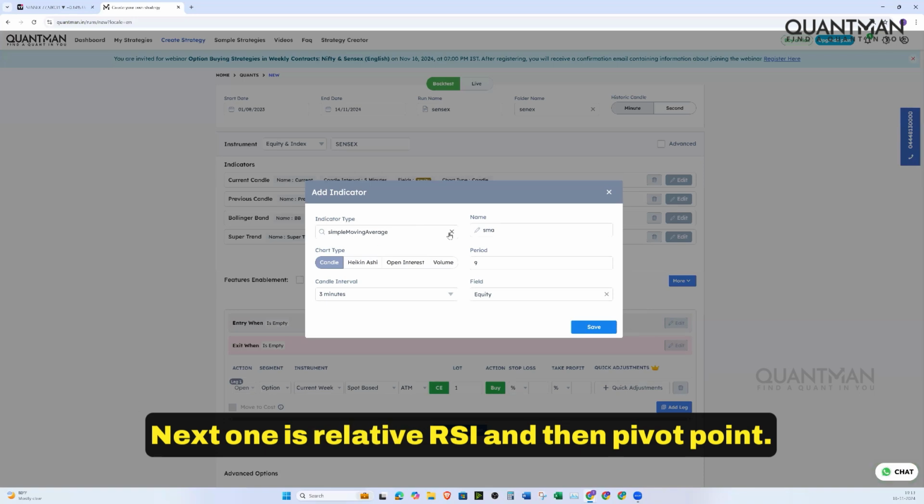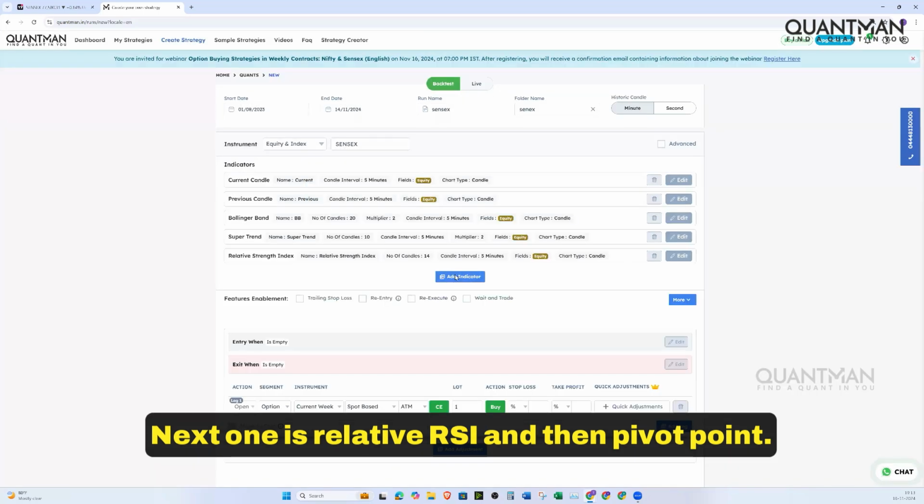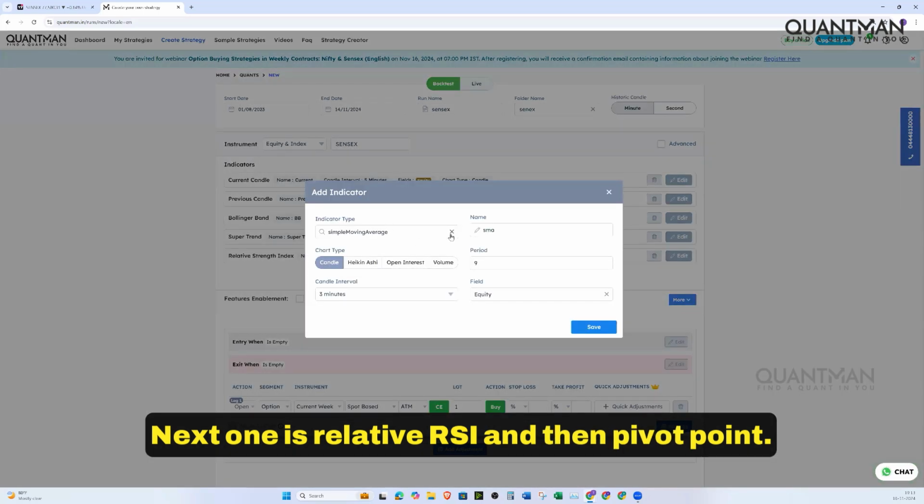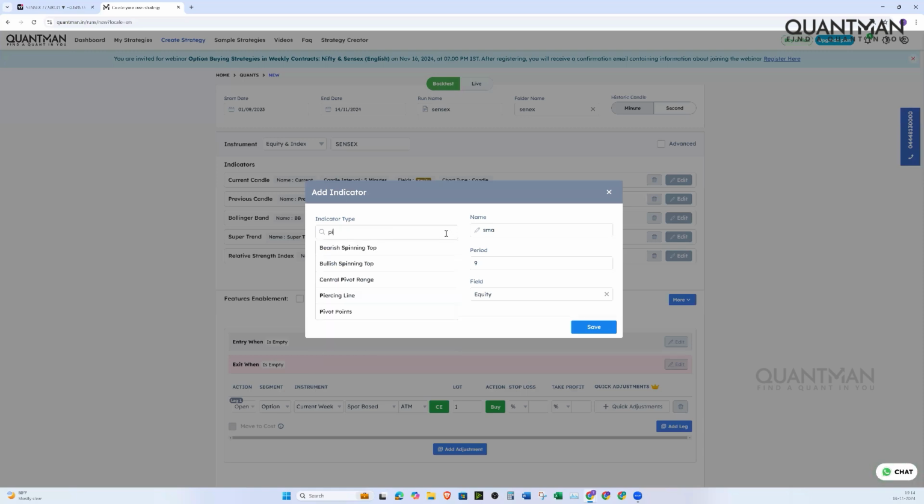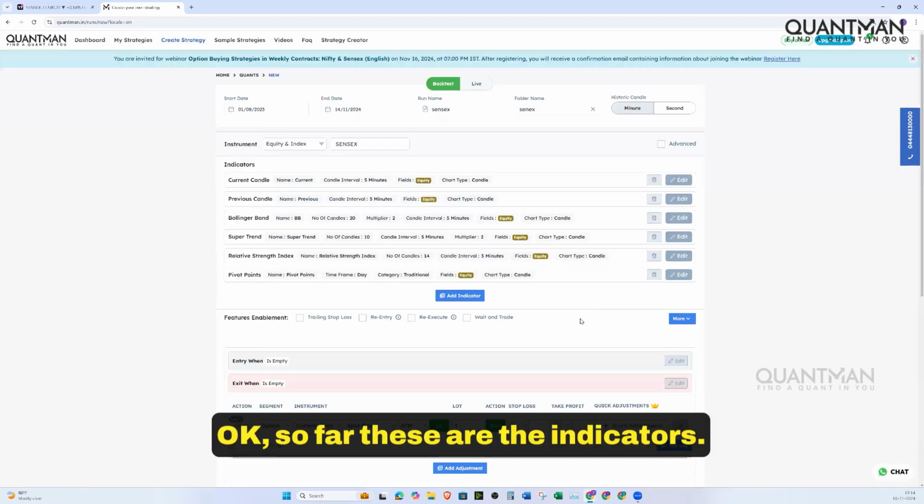Next one is RSI, and then pivot point. Okay, so far these are the indicators.